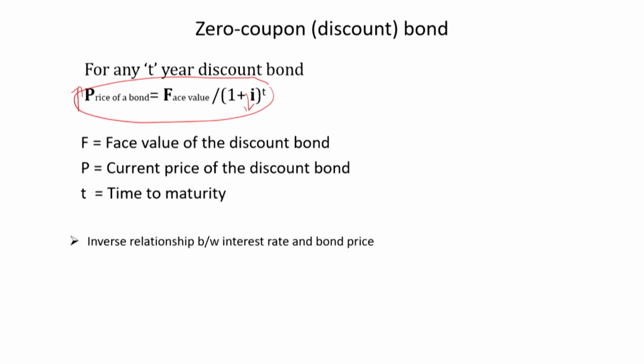From this whole discussion, we have found one theoretical relationship that is called the inverse relationship between interest rate and bond price. In other words, when the rate of interest increases, bond price will decline, or otherwise when the rate of interest decreases, bond price is going to increase. You just plug some values here, then you will find out this relationship empirically.